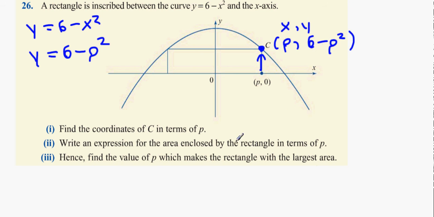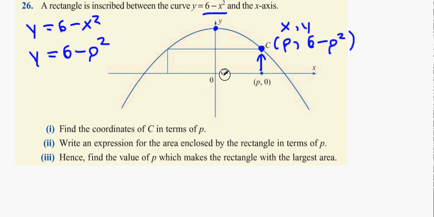Okay, write an expression for the area enclosed by the rectangle in terms of P. What we know about this curve here is that it's symmetrical around the y-axis. So this here is 0, this is the halfway point.